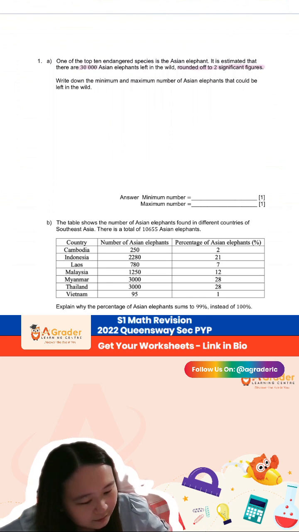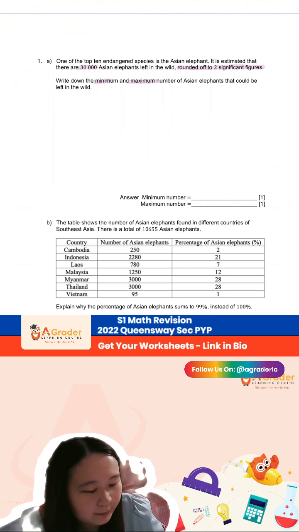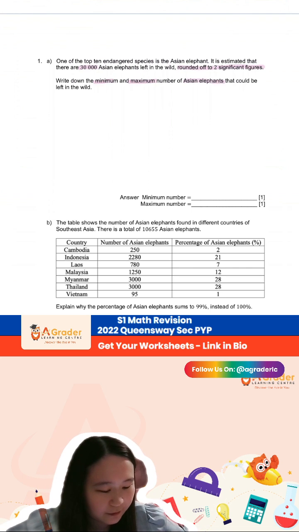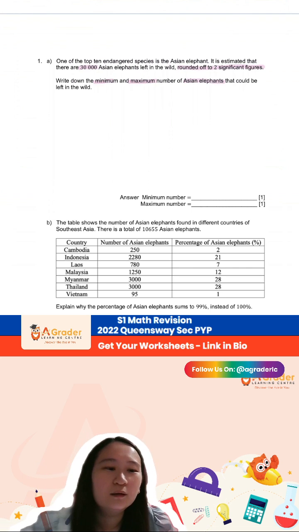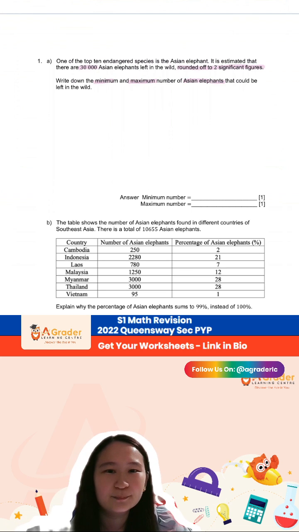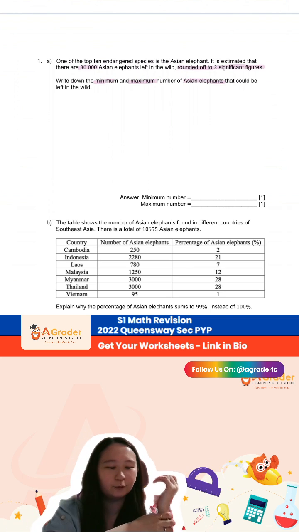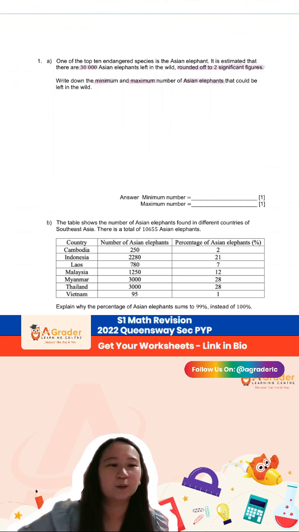Okay, so they ask you to write down the minimum and maximum number of the Asian elephants that could be left in the wild. Do you want to send in your answers? Now to try. What is the minimum number and what is the maximum number? How do we find the minimum and the maximum number?